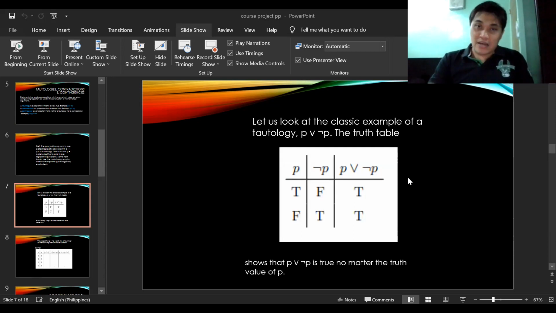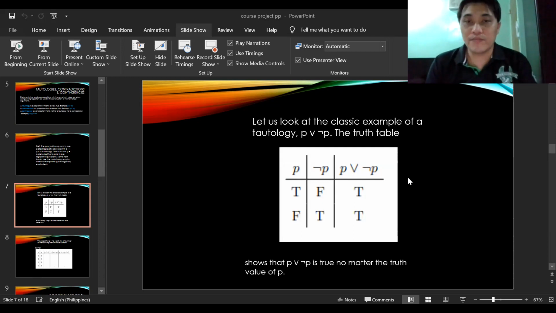Let us look at my example of a tautology, P or negation of P, in the truth table. As you can see, in my first statement, P, the given data is true and false.